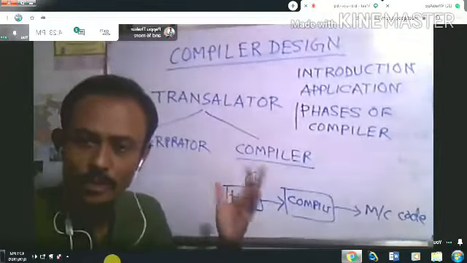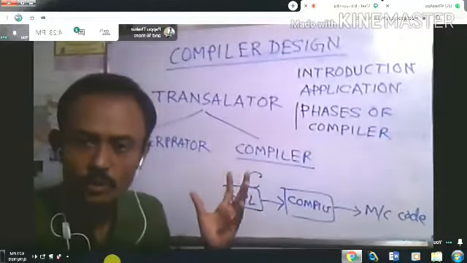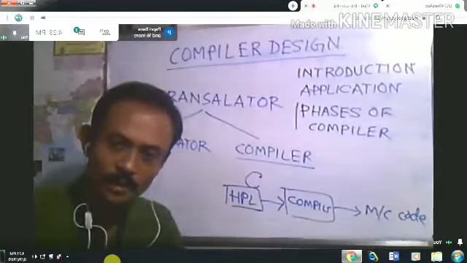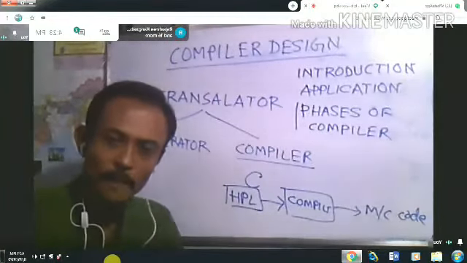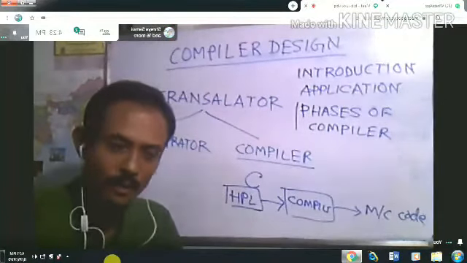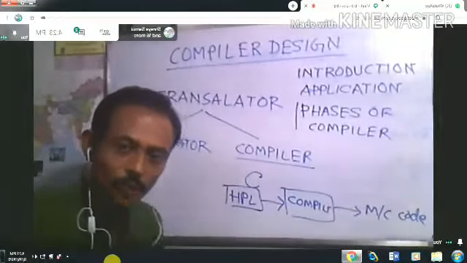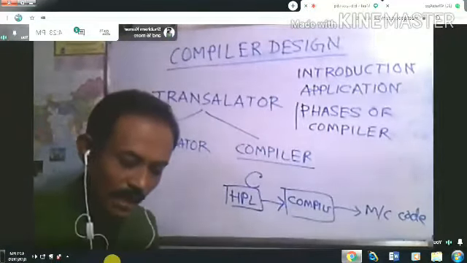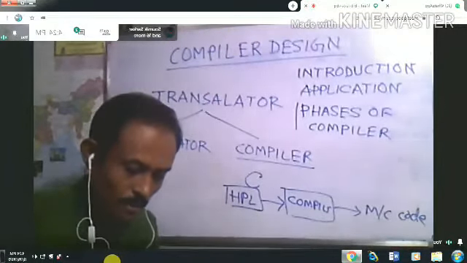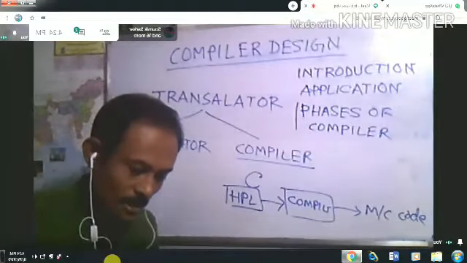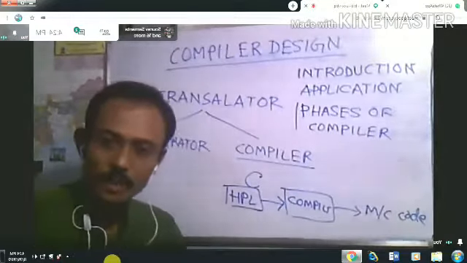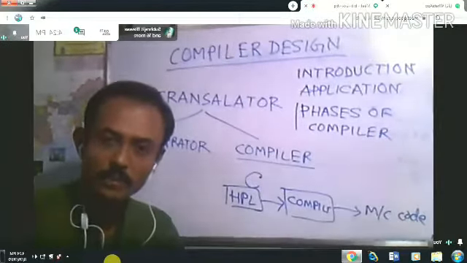So it's clear that the compiler is so important for a software engineer, and you as a student can overlook this subject. You cannot study this subject to that much level, but once you are working in real life in the software industry, then you will understand that the concept of the compiler is so important, because so many things in the industry, the software, are developed in terms of the compiler concept.